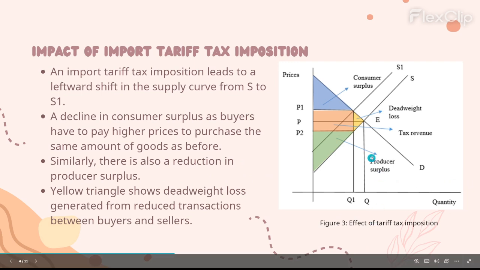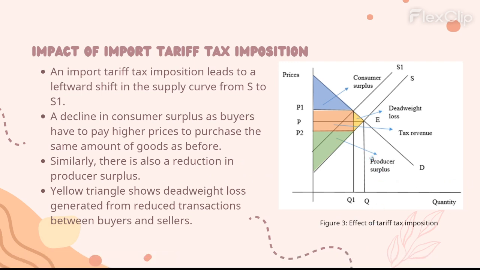And Figure 3 shows the tariff, an import tax, and its effect on buyers and sellers. When this tax is imposed, it leads to a leftward shift in the supply curve from S to S1.